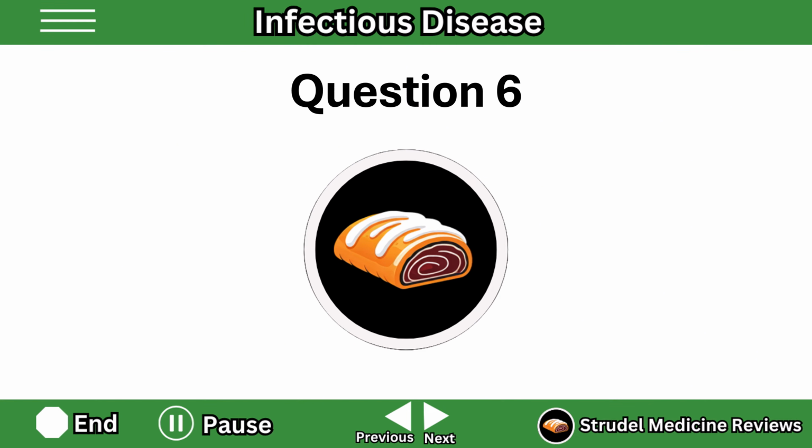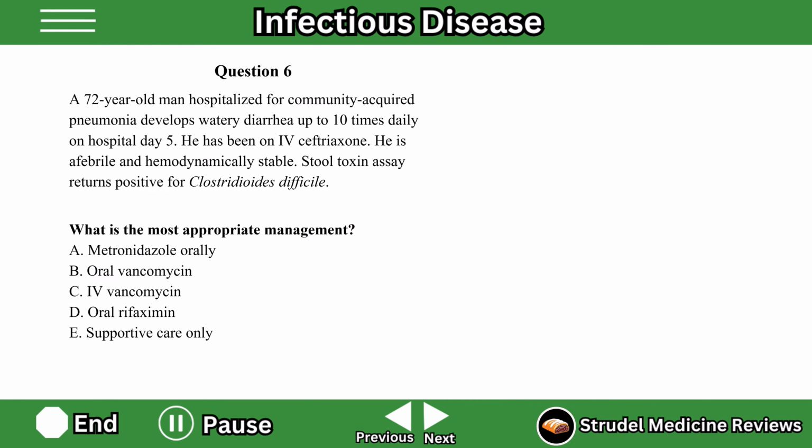Question 6. Let's say we have a 72-year-old gentleman hospitalized for community-acquired pneumonia that then develops watery diarrhea up to 10 times daily on hospital day 5. He's been on IV ceftriaxone while admitted. He's afebrile and hemodynamically unstable, but stool toxin assay returns positive for Clostridioides difficile.